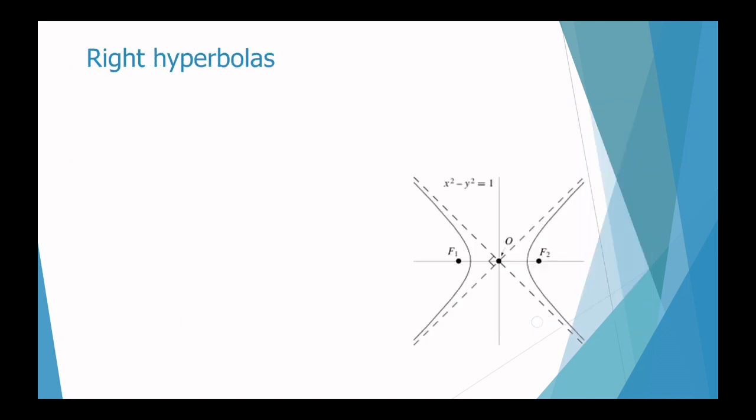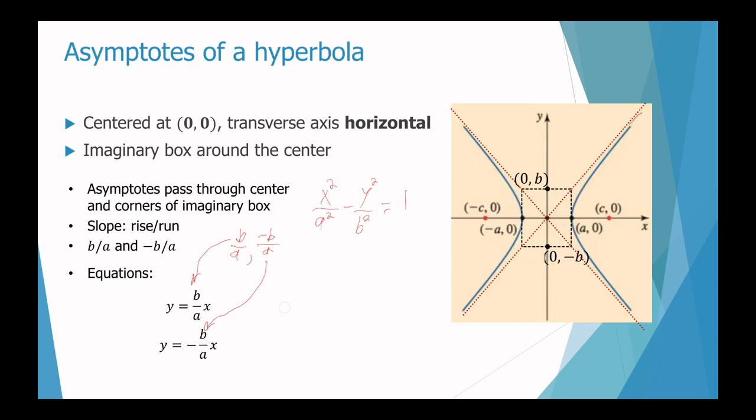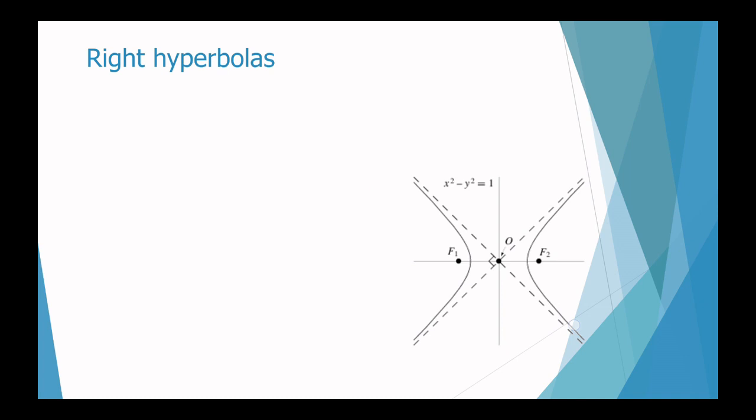We do have right hyperbolas. They're not always right. So this isn't necessarily right here. It doesn't always make a right angle where they intersect. These slopes are not always negative reciprocals. You'll notice this one doesn't look like a negative reciprocal of each other. Sometimes they are negative reciprocals of each other, and then we get what we call right hyperbolas.